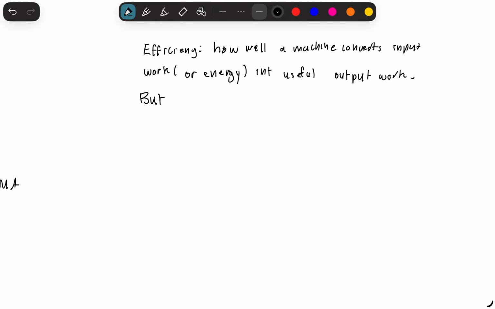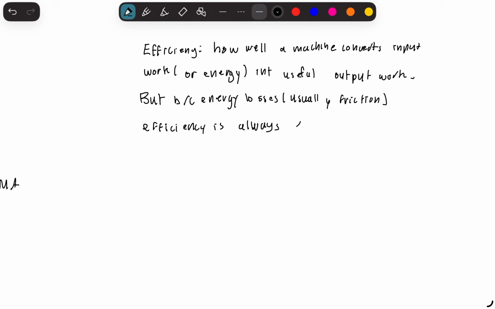But because of energy losses, usually friction, your efficiency is always going to be less than 100%, which is also going to be equal to 1.0.